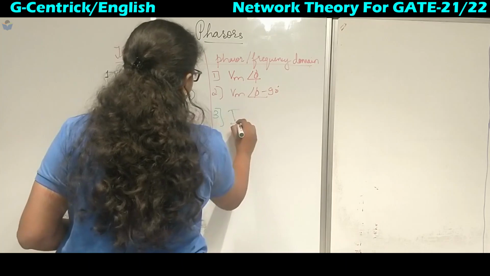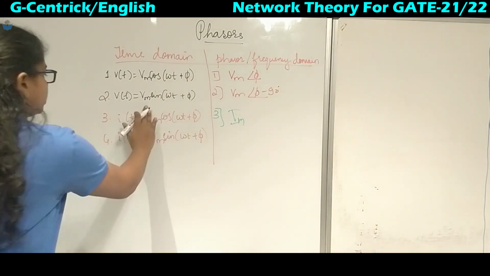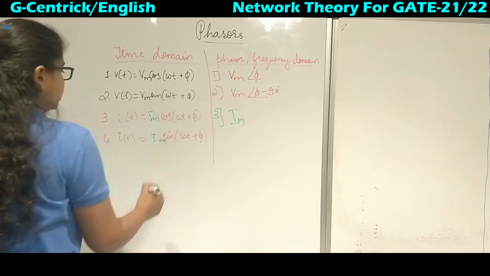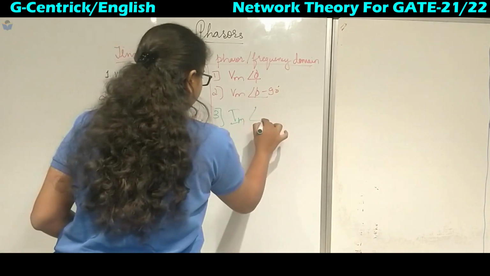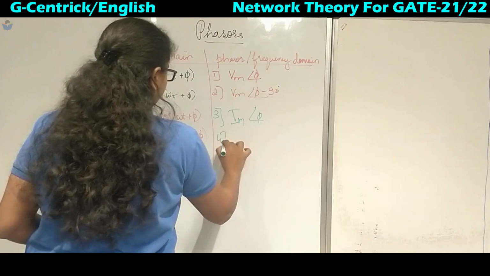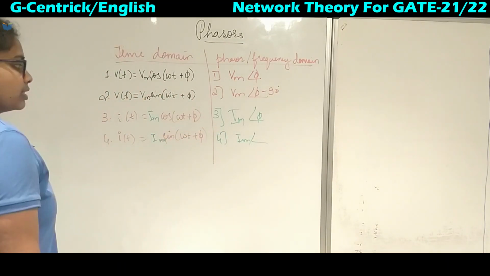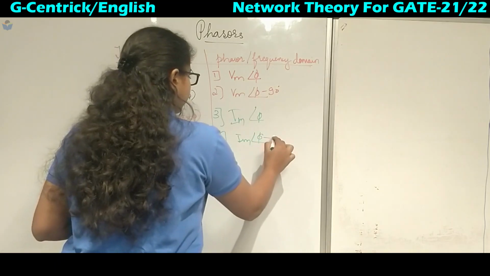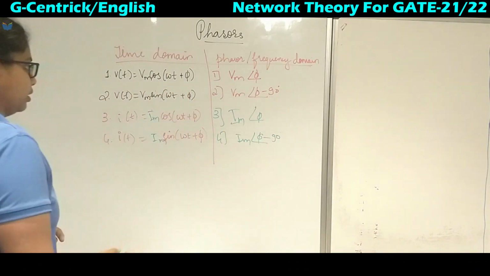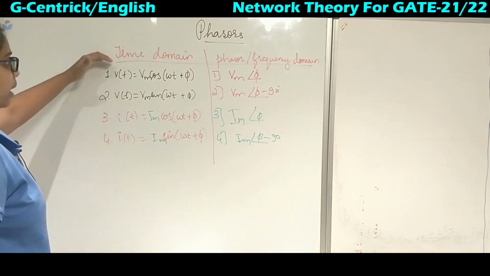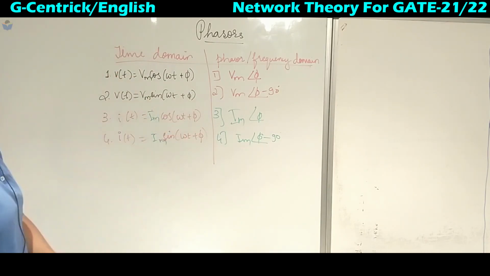Here we have Im, the amplitude with 5 degrees. Then we have to change it into either cosine or sine. We are changing sine to cosine, so it will be 5 minus 90 degrees. So this is the representation from the time domain to the phasor domain for these formulas.